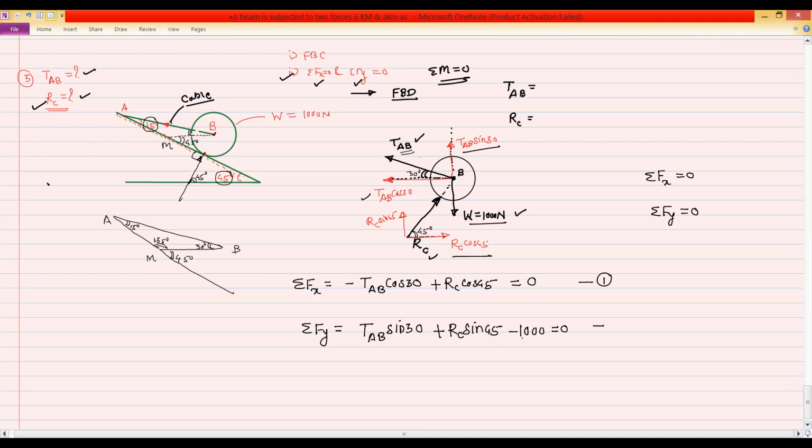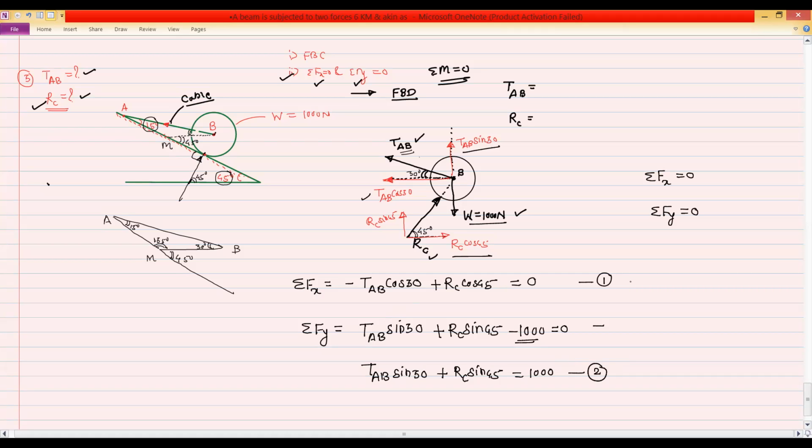So rearrange this equation. Shift 1000 to the right side. So we get the equation tension AB sine 30 plus reaction RC sine 45 is equal to 1000. So this is your second equation.